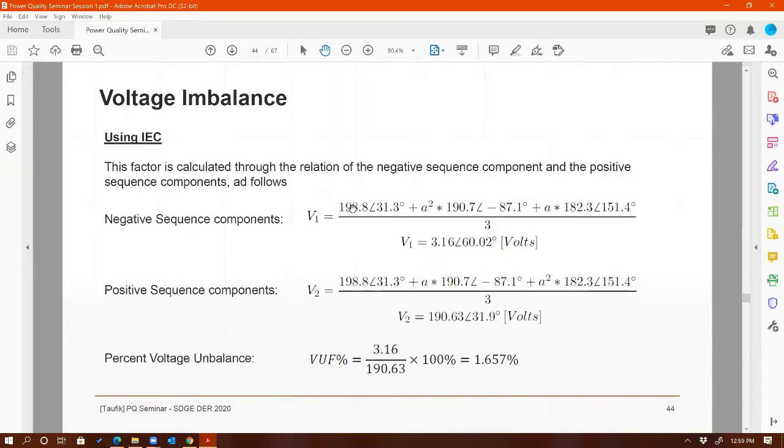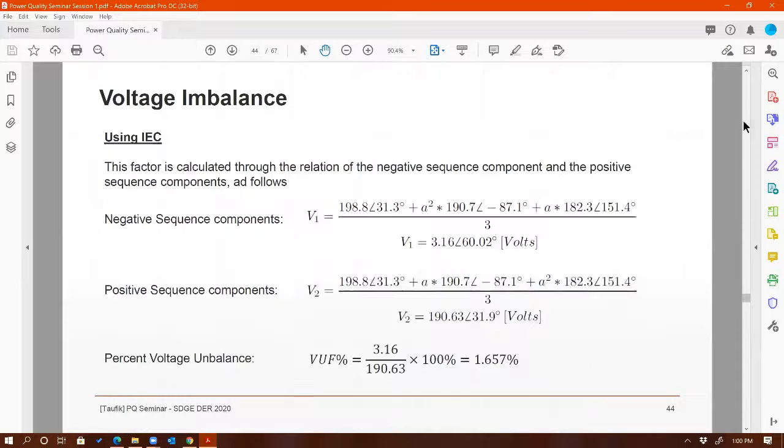Okay, right? So those are the four different ways to calculate percent imbalance, and you see the equation to convert from phase quantities to sequence components right there. Again, don't worry if you haven't taken 406, 407 yet.